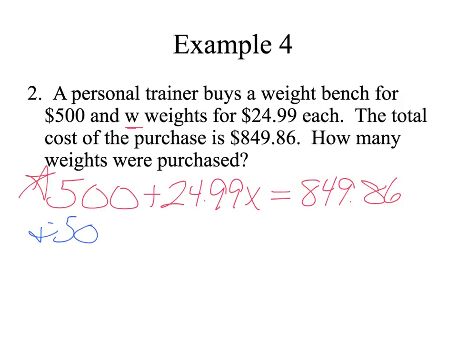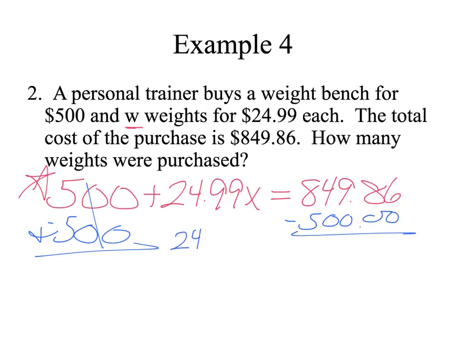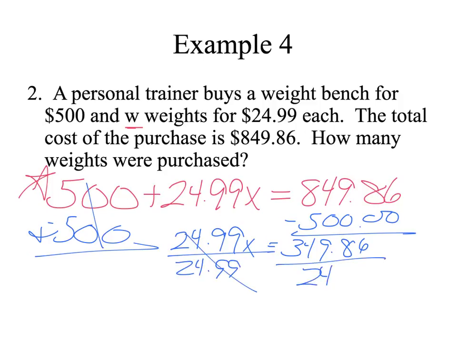So I'm going to add the negative 500 because it's the piece without the variable first. So 24.99x equals 349.86. Divide by 24.99. Definitely a calculator problem. So 349.86 divided by 24.99. And we find out that he bought 14 weights.